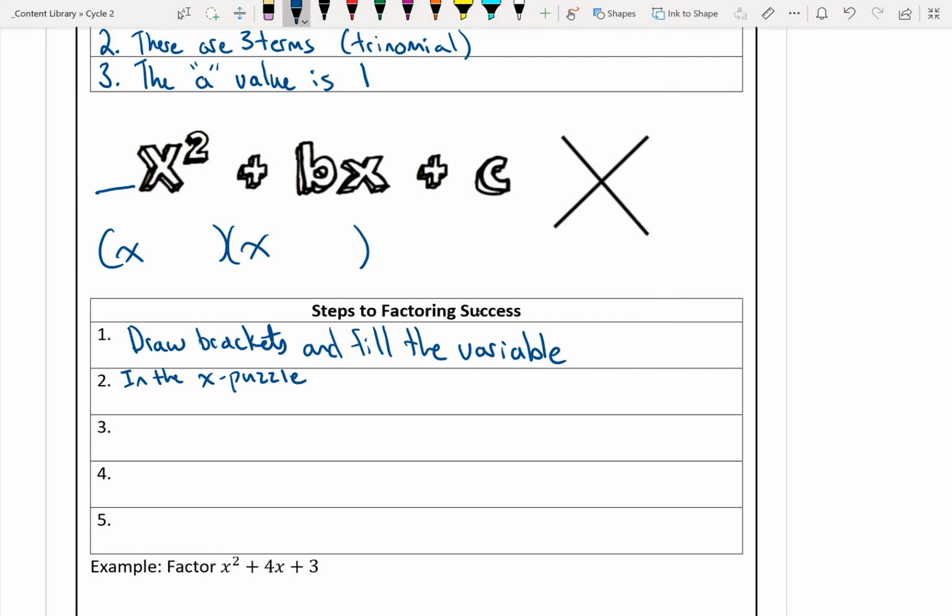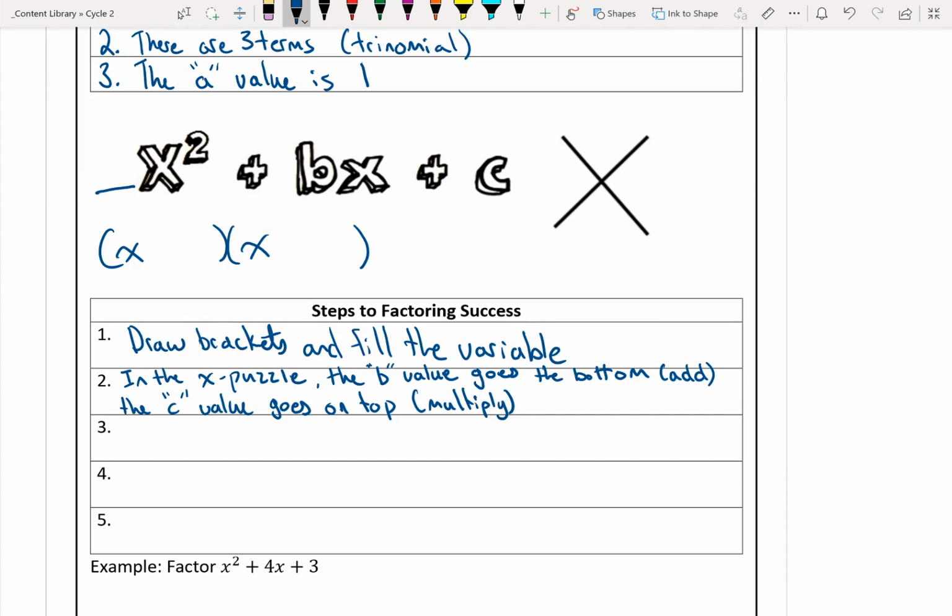But in the x puzzle, the b value goes on the bottom, and we have to look for numbers that add to that, and the c value goes on top, and we're looking for numbers that multiply to that.